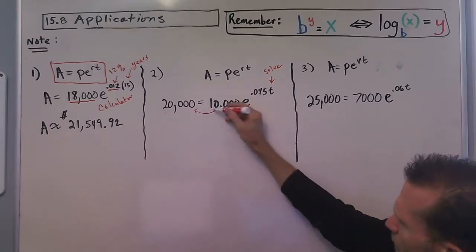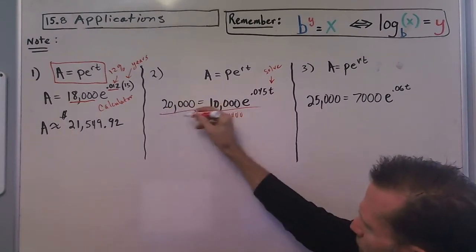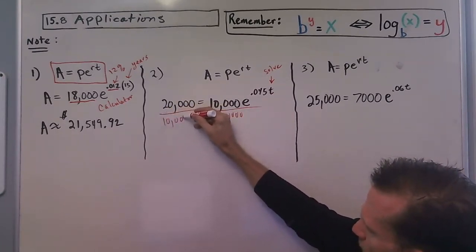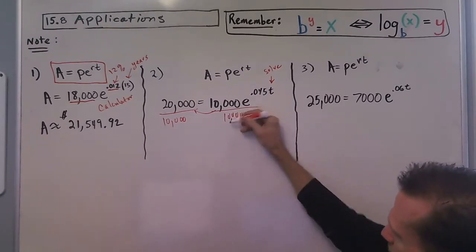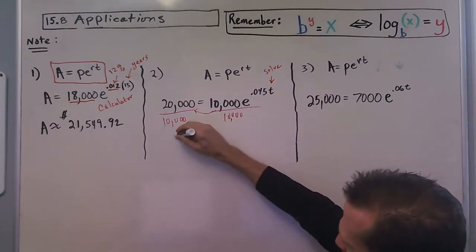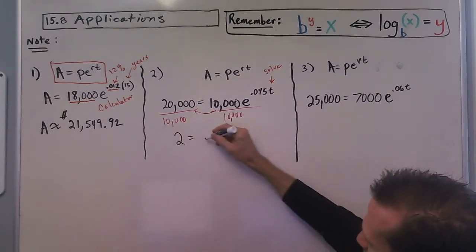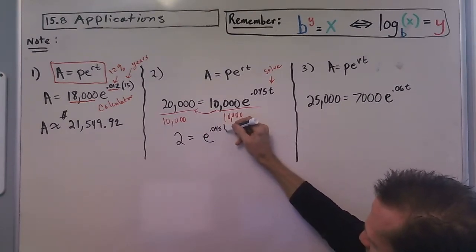So what we want to do here is one method we can use, and on your note sheet you'll see a couple of methods, but we can divide by 10,000, and what we get is 2 is equal to e to the 0.045 t.